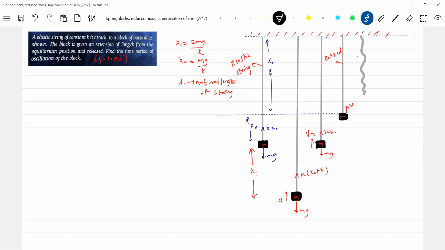And the block will be having some velocity, say v1. Then finally, it will go to the extreme point. It will come to instantaneous rest. I'll write IR. I think everyone should be able to understand. Then what will happen?